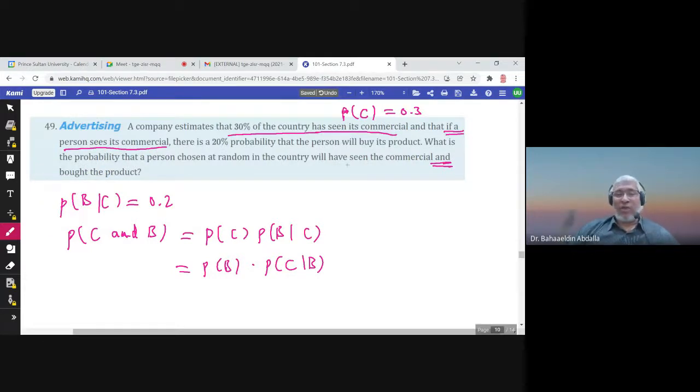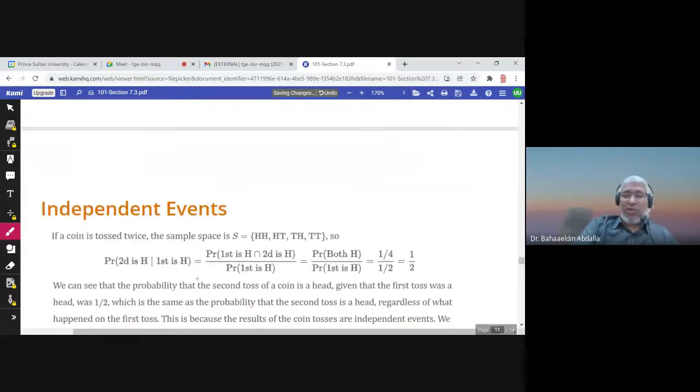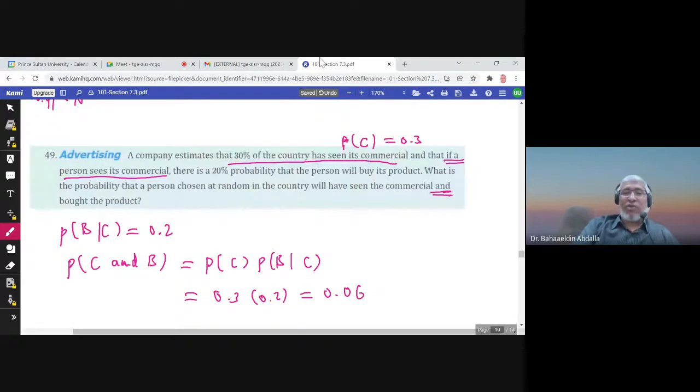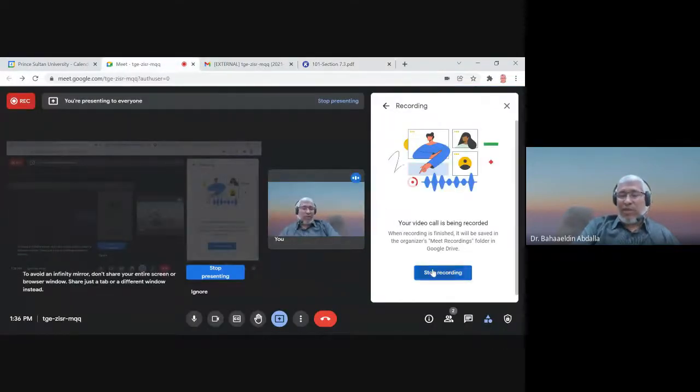We have P(C), which is 0.3, and we have the probability of B given C, which is 0.2. So the answer is 0.06. That's it. I'll stop here and I'll continue with independent events in the next section.